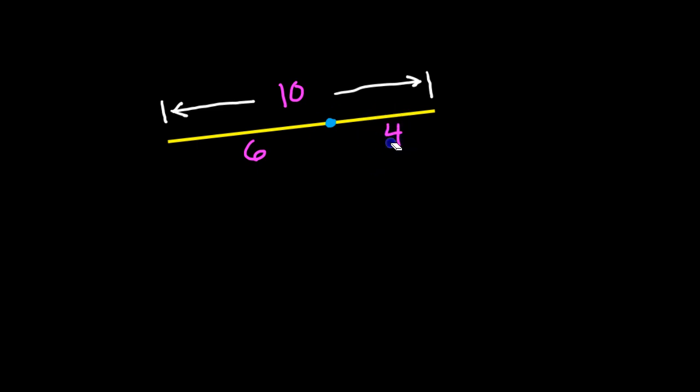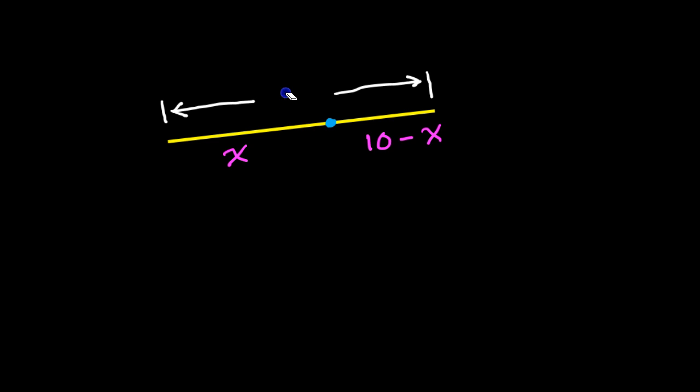Now the calculation that you just did, even if you didn't realize it, is you were doing 10 minus 6 in order to get this. Alright, so that's important because let's say this was X, if we didn't know that this was 6, then the other part would be 10 minus X. So if you are given the whole and you have an expression for one part, then the other part will be the whole minus the part.